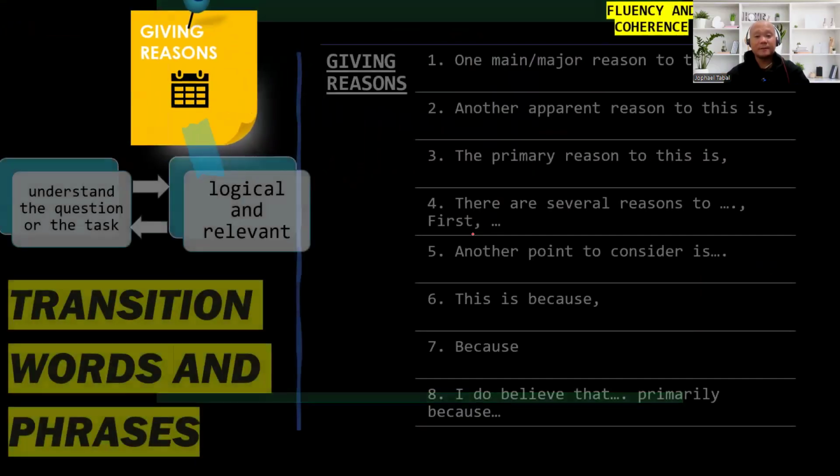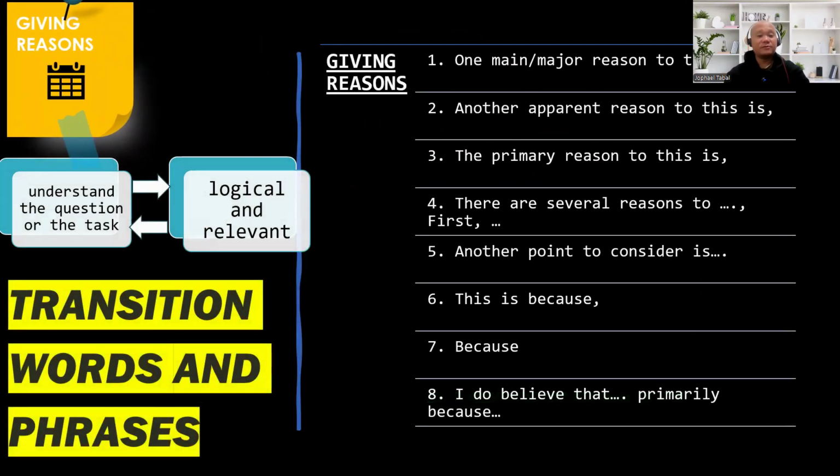Now, the main transition words and phrases that must be used in this type of question are transition words that give reasons. For example, we can say one major reason, one main reason, one apparent reason, the primary reason to this, another point to consider, etc.